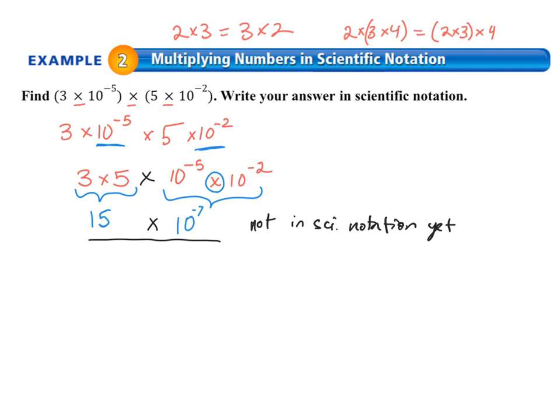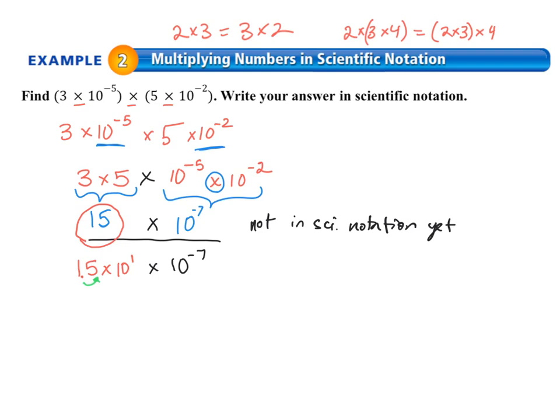I think the most reliable way is to take a minute and write this number in scientific notation. So to write a number in scientific notation, you take the digits and put a decimal after the first place. Then you multiply it by a power of 10. That puts the decimal place back where it's supposed to be. So I'd have to multiply it by 10 to the first.